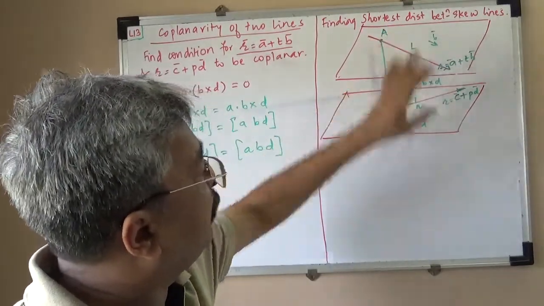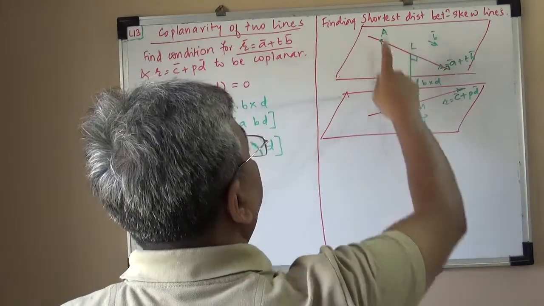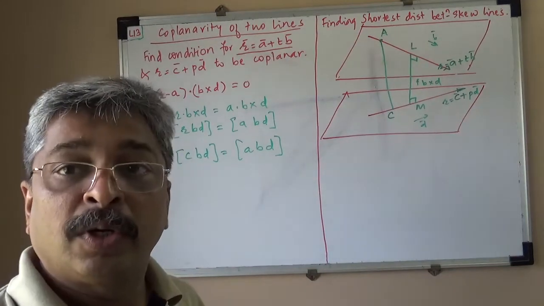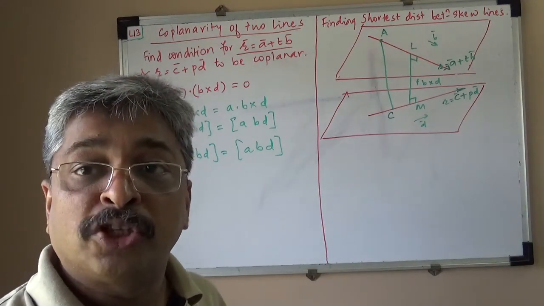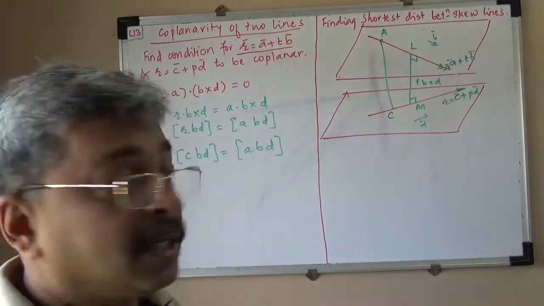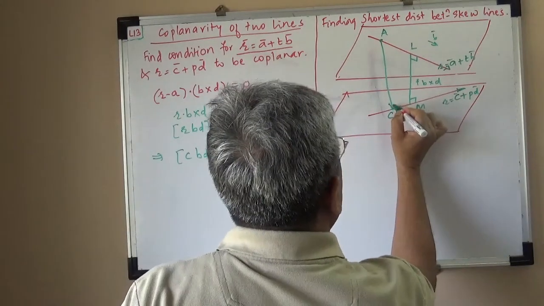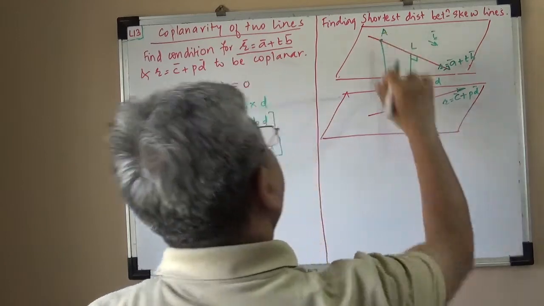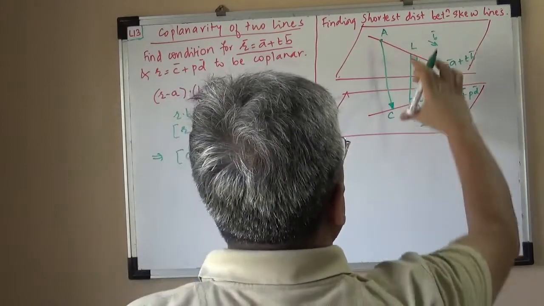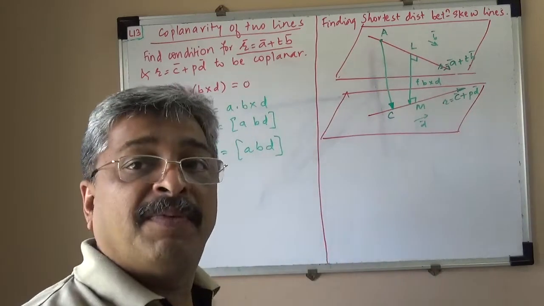Segment LM is the shortest segment amongst them, and we have point A here, we have point C here, and now we are supposed to find out the shortest distance. You pause the video, check if you can find out the shortest distance yourself, else look at the solution. Now vector AC that we have is joining any point on the first line and any point on the second line, and LM that we have right now is definitely perpendicular.